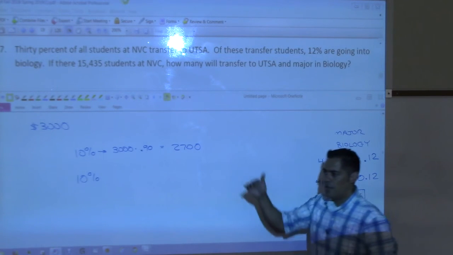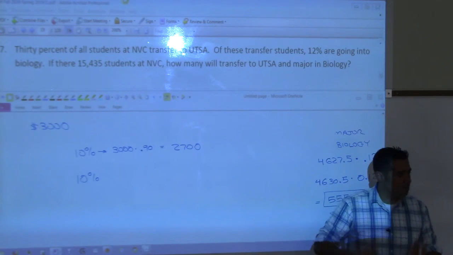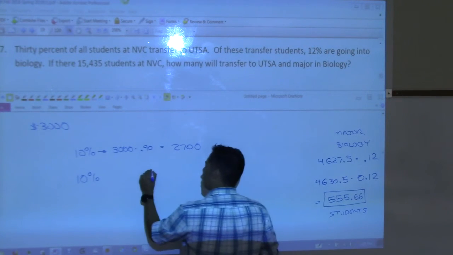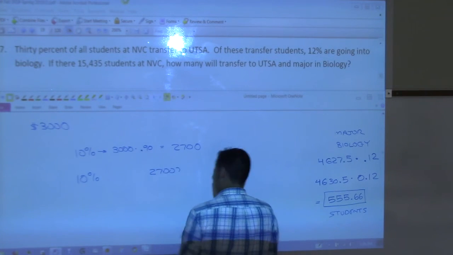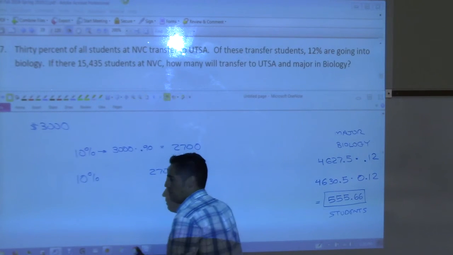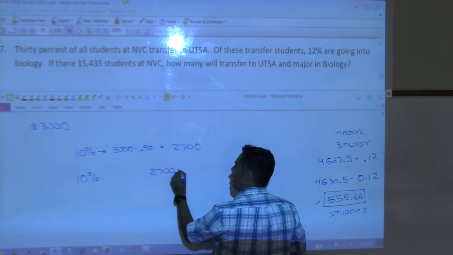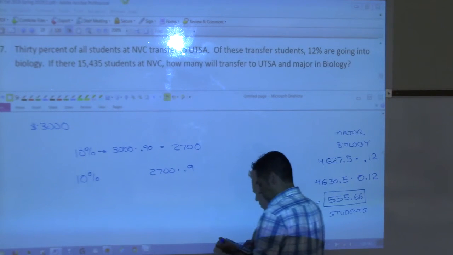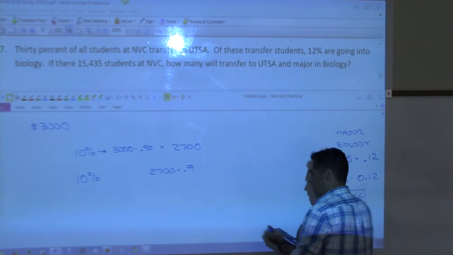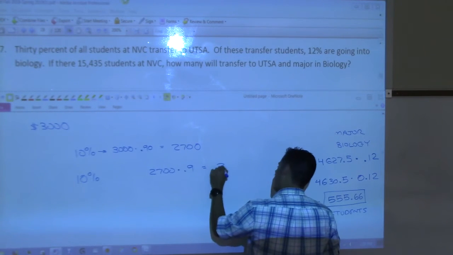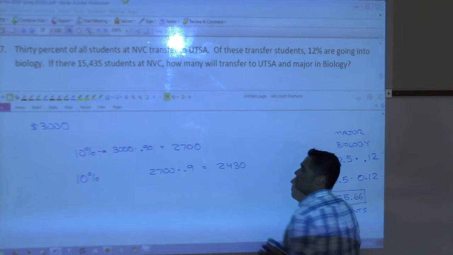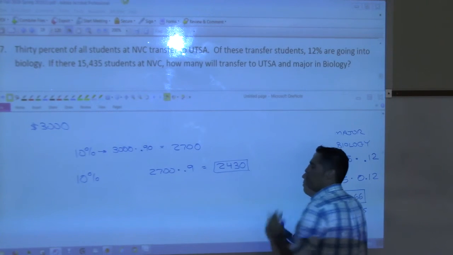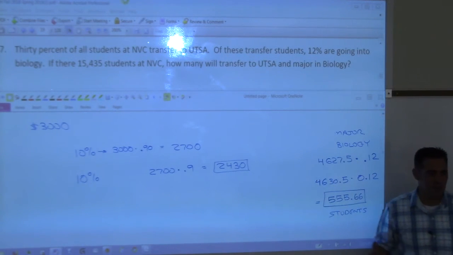They did that, and then they gave us another 10% off of that, so I multiply 2,700 by 0.9 again, and it comes out to be $2,430. So that's the amount we were going to pay if we used the military discount followed by the 10% coupon.